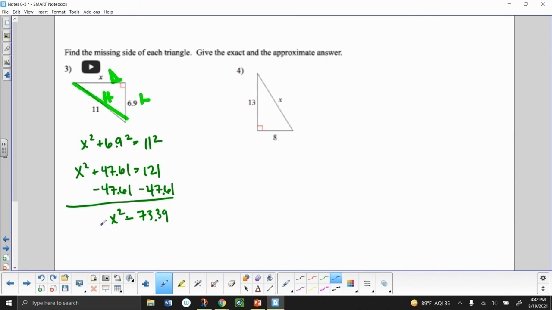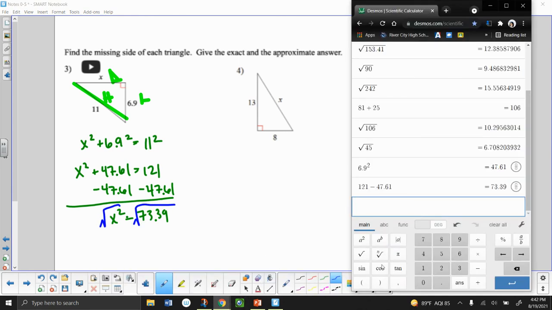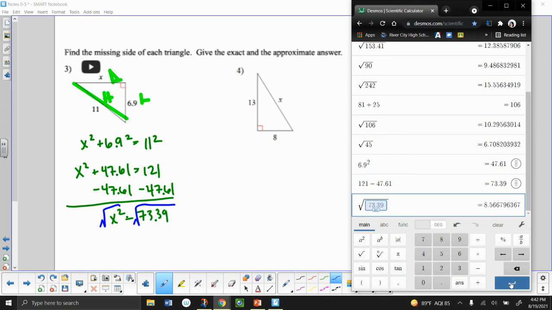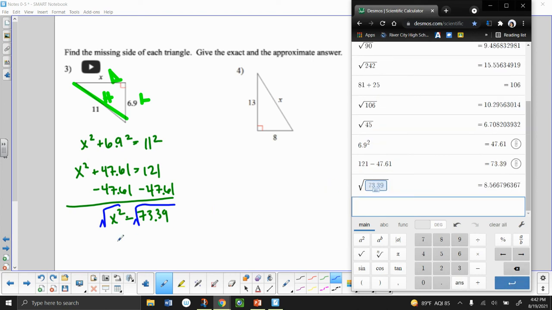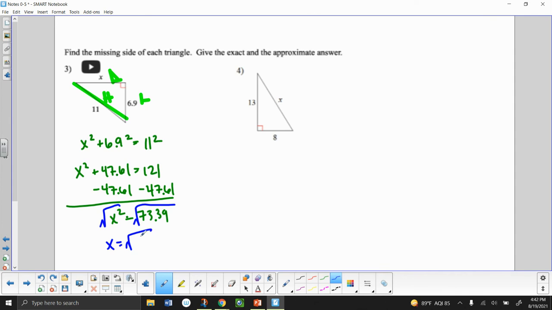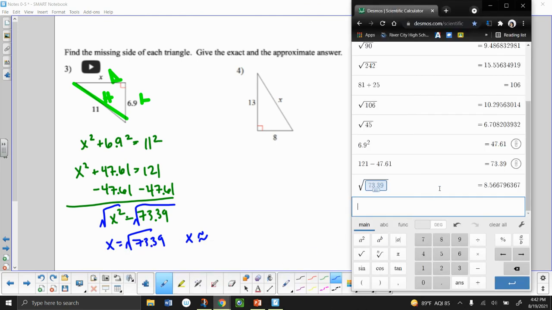And then square root both sides. So decimal, so one answer is going to be just the square root of 73.39. And then my approximate answer is going to be 8.57.